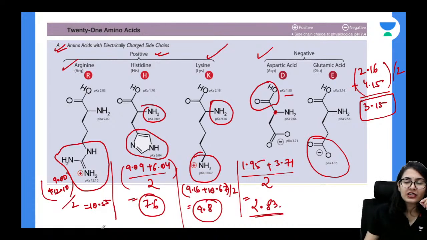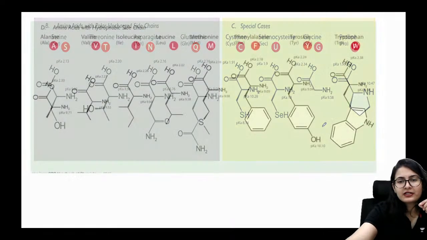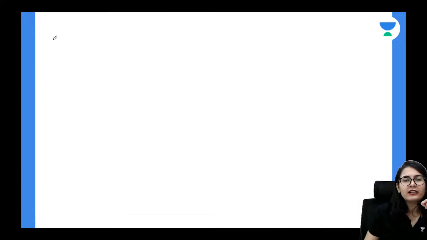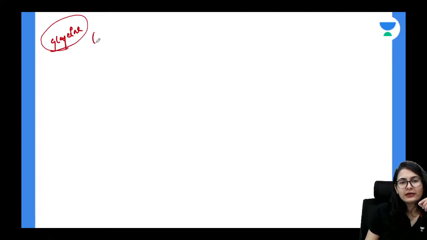So guys, have you seen कि isoelectric pH is also changing with respect to the acidic and the basic side chain? ऐसा कैसे हुआ? For glycine, ये देखो, we are just going to go back onto this slide and we see that for glycine, which was neutral, you have isoelectric pH of 6.0, let's say. फिर आया aspartic acid, acidic side chain.